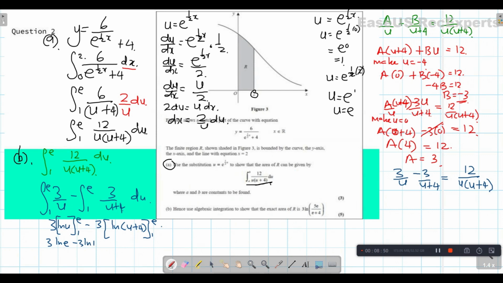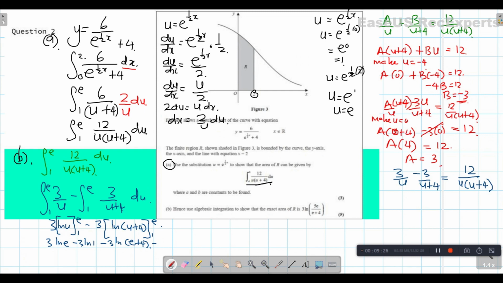So you have negative 3 ln of e plus 4, and then you have negative 3 ln of 1 plus 4, and the next one is u equals 1.